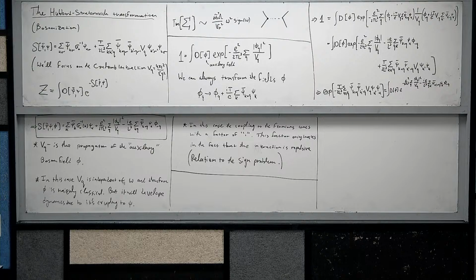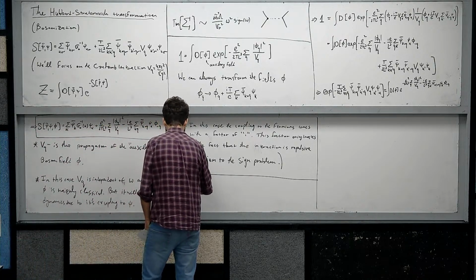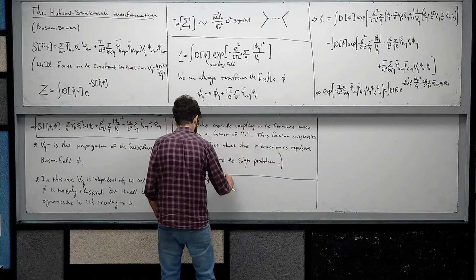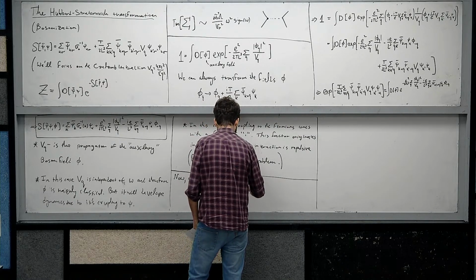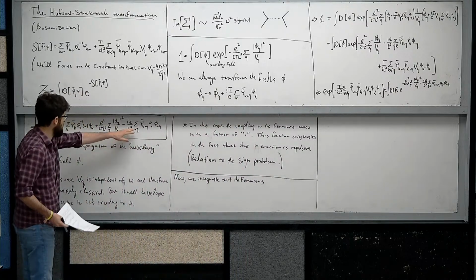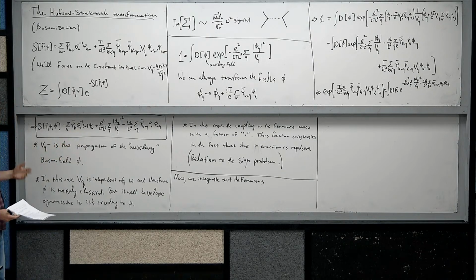Okay, so now the last step is to integrate out the fermions. Meaning that we identify that this action is quadratic in the fermions, and therefore we can integrate them out.